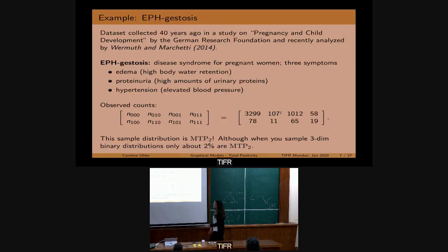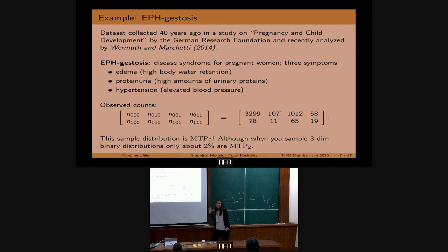Now, here we know how large the space of MTP2 distributions is. If I were just to randomly sample binary three-dimensional distributions, only 2% of them would be MTP2. Now, we did not look through 100 distributions to find this one here.